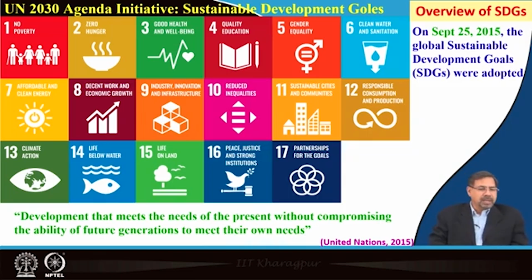Coming to the seventh one, affordable and clean energy. It is linked to our 13th one, where we are going to discuss climate change more elaborately. The energy has to be affordable. We need to burn fossil fuel or other energy sources.